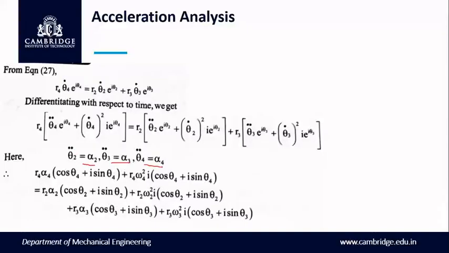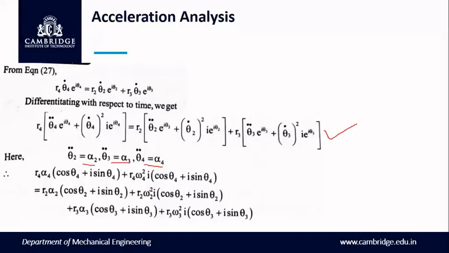So we need to substitute the corresponding alpha 2, alpha 3 and alpha 4 in place of theta 2 double dot, theta 3 double dot and theta 4 double dot. After differentiating we have this equation. Then we substitute theta 2 double dot as alpha 2, theta 3 double dot as alpha 3 and theta 4 double dot as alpha 4.